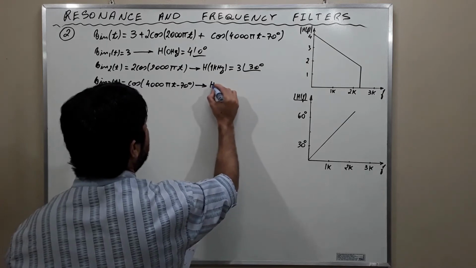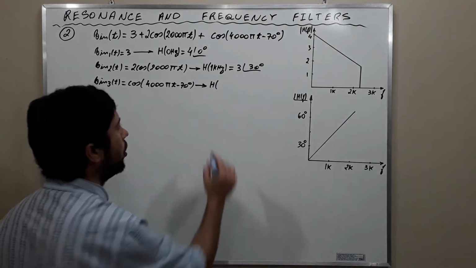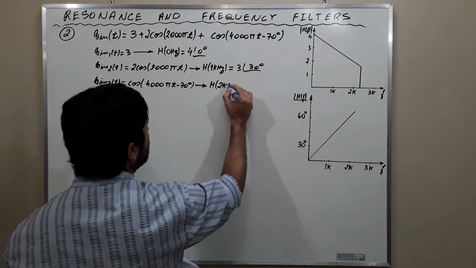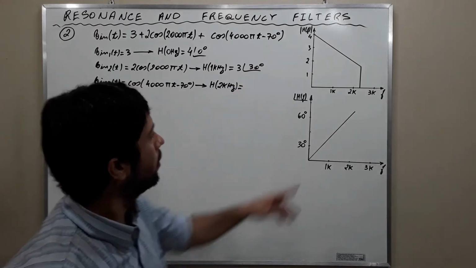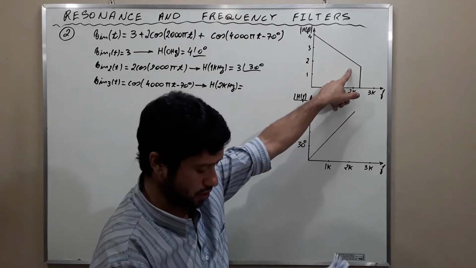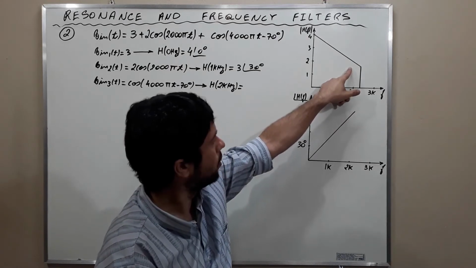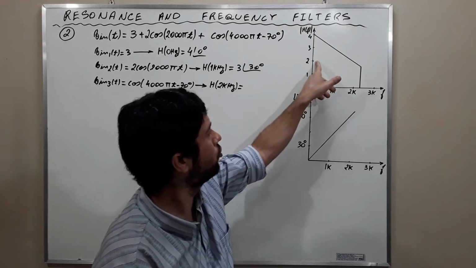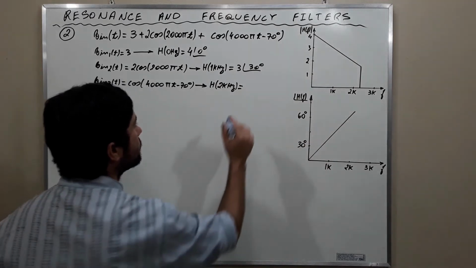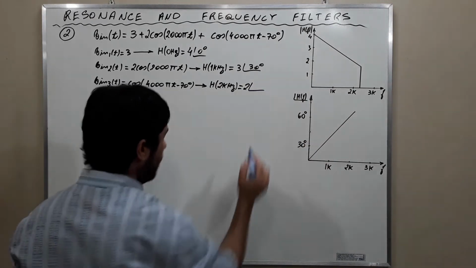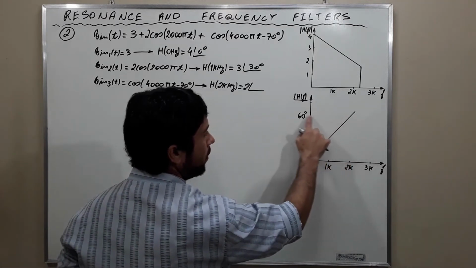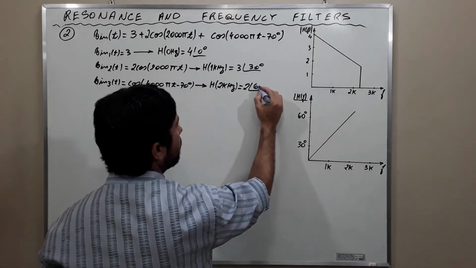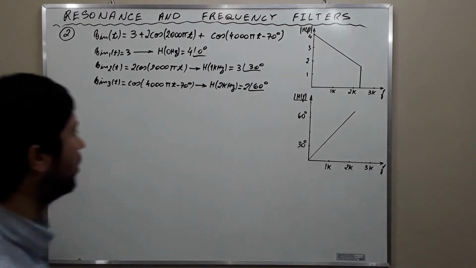And lastly, for the frequency of 2 kilohertz, the magnitude is 2 and the angle is 60 degrees. Okay?